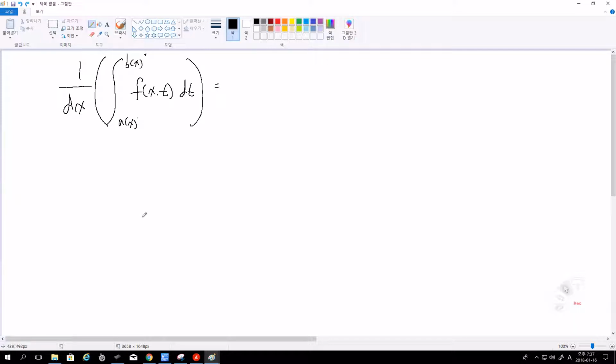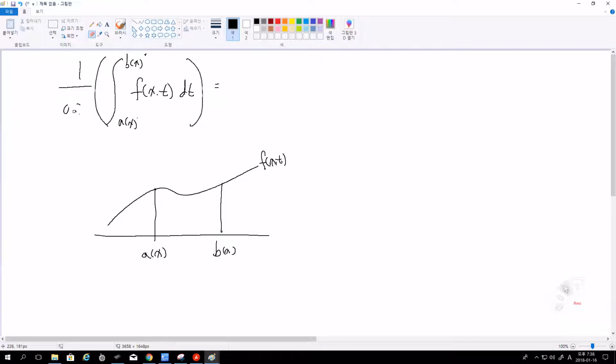So let me show the intuition of the Leibniz rule. We want to integrate f(x,t) from a(x) to b(x), but we change x. When x changes, there are multiple possibilities. Let me clean up.